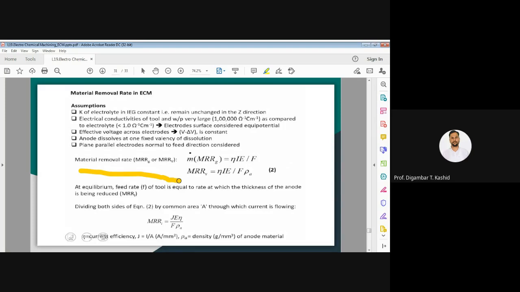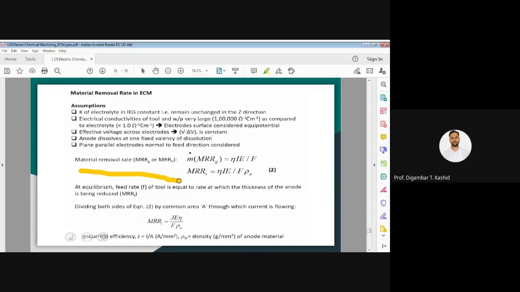For doing this, we should consider a few assumptions. The electrical conductivity of the electrolyte in the interelectrode gap does not change, that means it must be constant and remains unchanged. The electrical conductivity of the workpiece is very large compared to the electrolyte, so the electrode surface is considered equipotential, and the effective voltage across the electrodes is also constant.